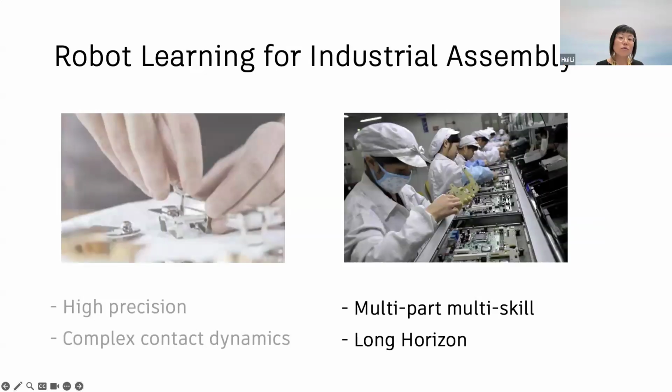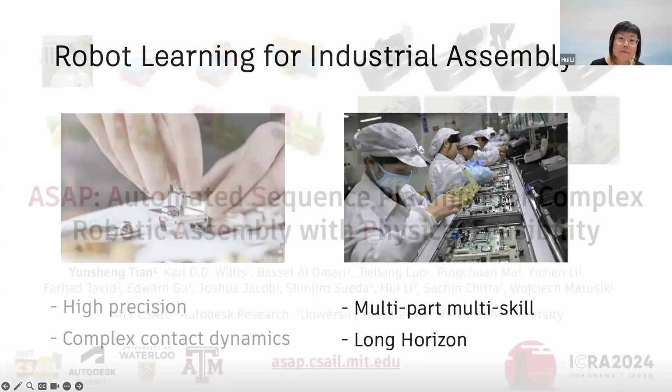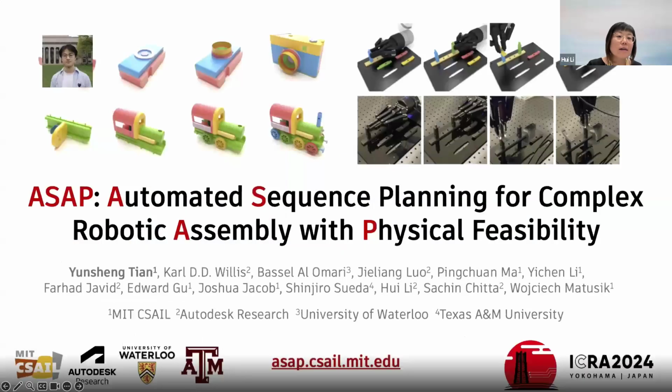Okay, let's zoom out to look at the whole assembly, where there are multiple parts and probably multiple skills required. It's very long horizon, so how do we solve these problems? This work was led by Yongsheng from MIT. It's our collaboration project.